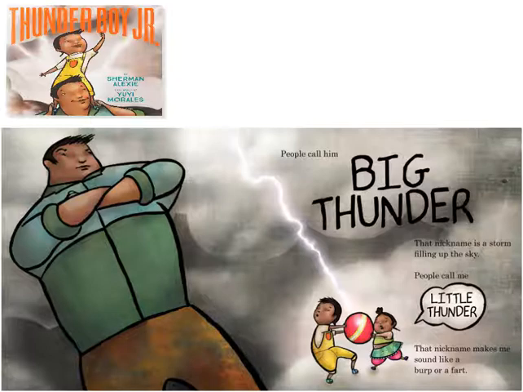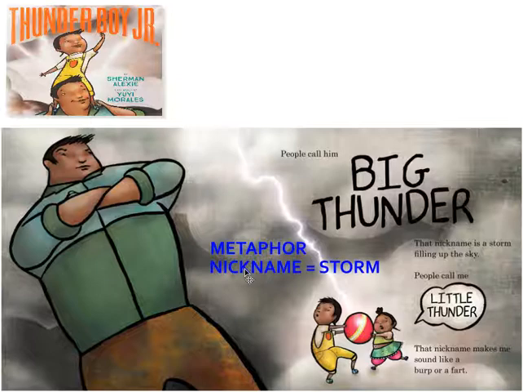I think you've got it. This top one, when he says people call him Big Thunder, that nickname is a storm filling up the sky, it's a metaphor. He's comparing his father's nickname to a storm. But notice he doesn't say that nickname is like a storm filling up the sky. He says it is.